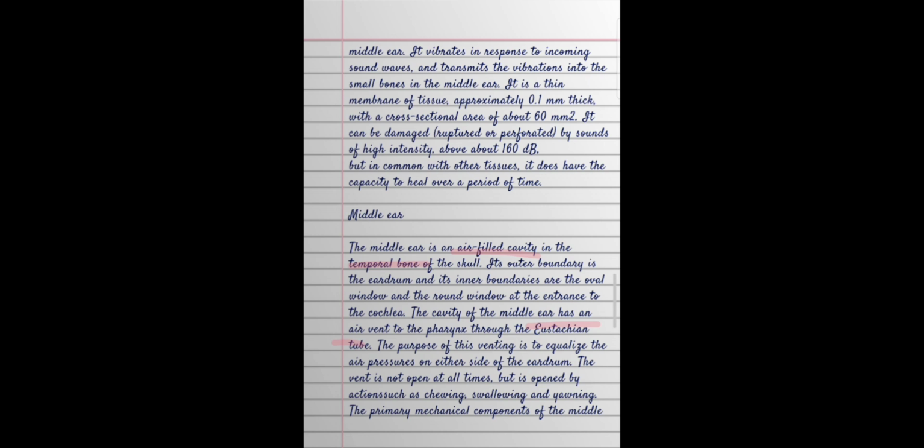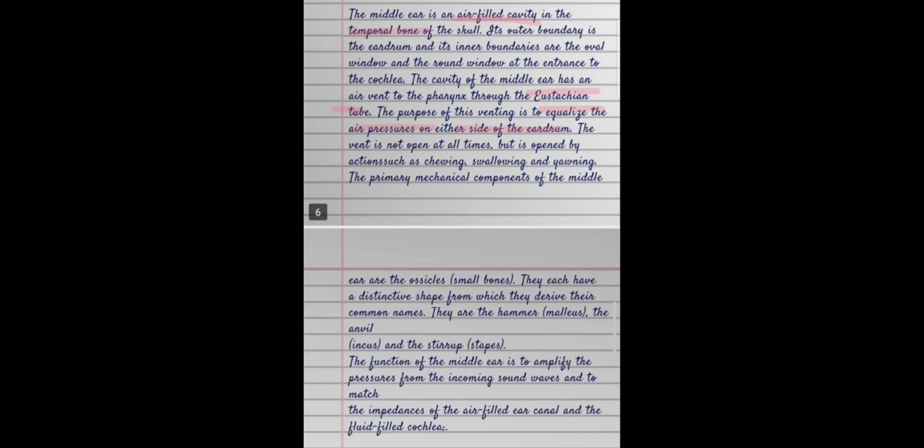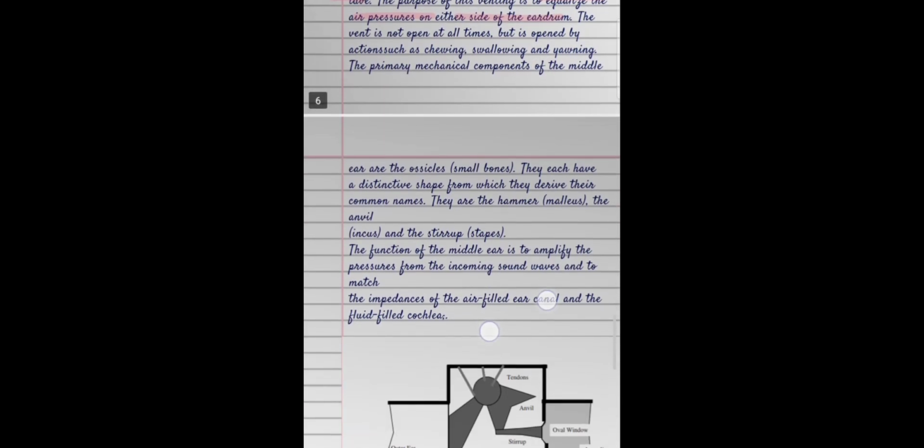The purpose of this venting is to equalize the air pressure on either side of the eardrum. The vent is not open all the time, but it is opened by actions such as chewing, swallowing, yelling.